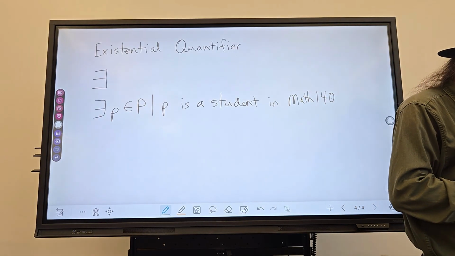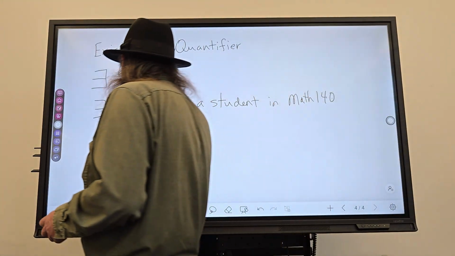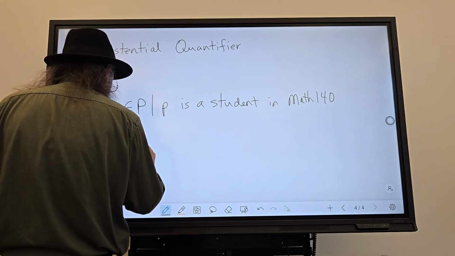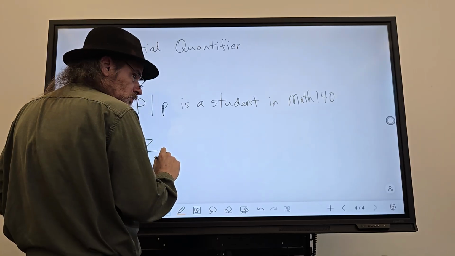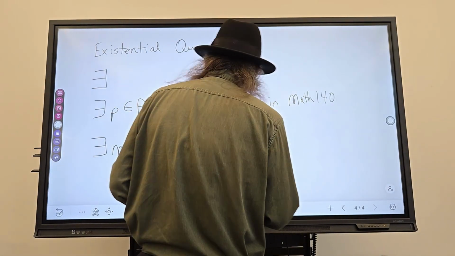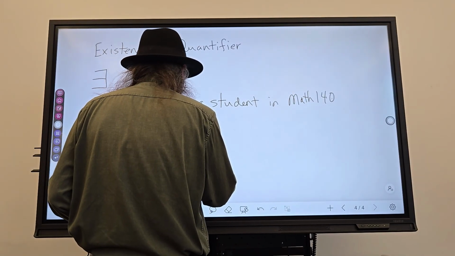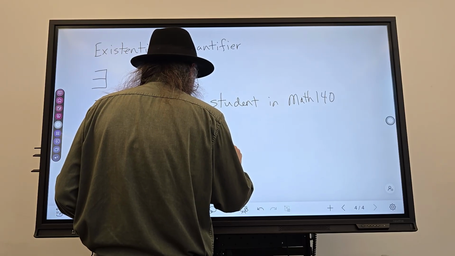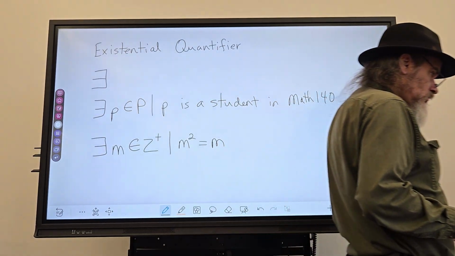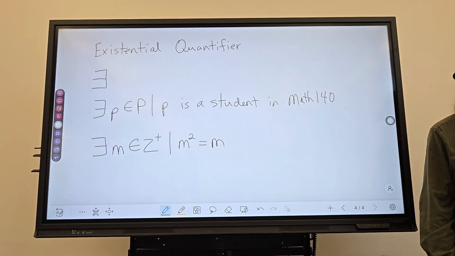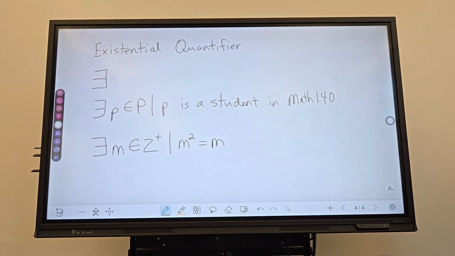Another example: there exists M, element of Z plus, such that M squared equals M. Rather than having to prove it true for all the elements of Z plus, the positive integers, you only have to demonstrate that it's true for one.